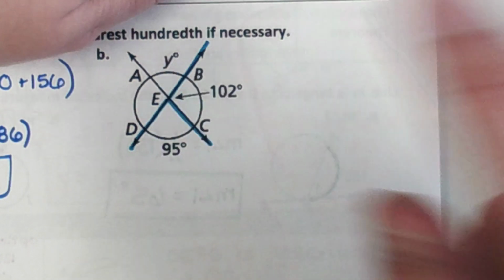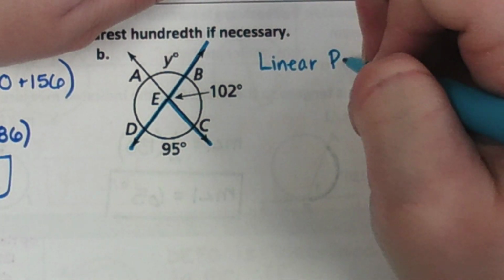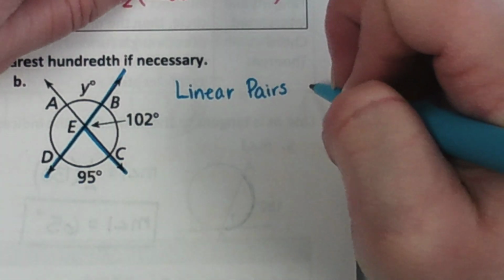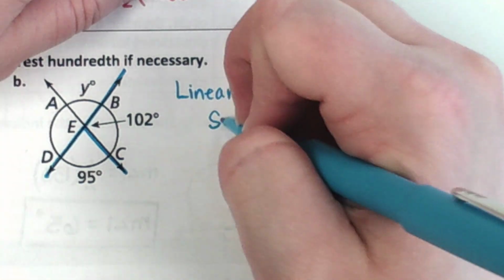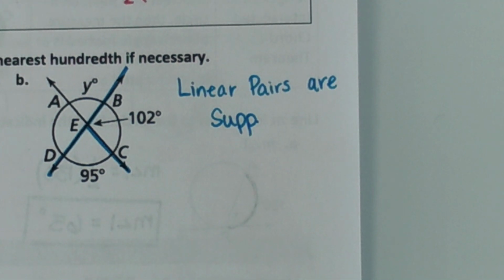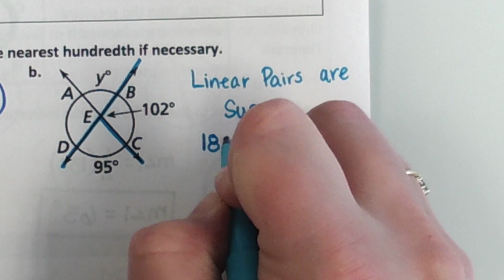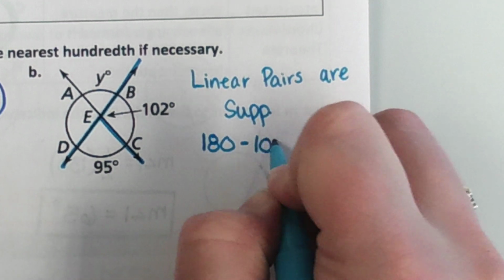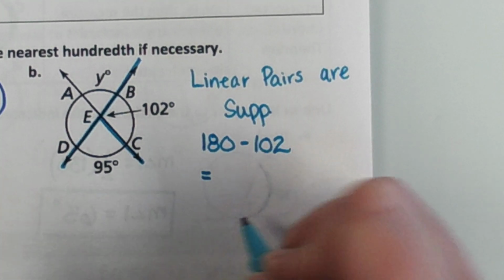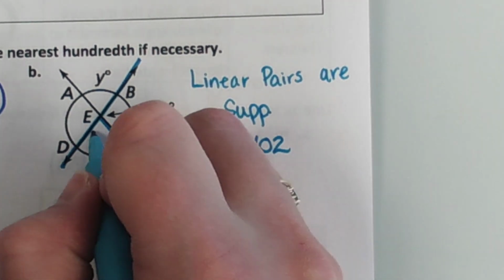Linear pairs are still supplementary. Meaning they add up to what? 180. So if I take 180 minus the wrong angle, which is the 102-degree angle, I get 78 right here.